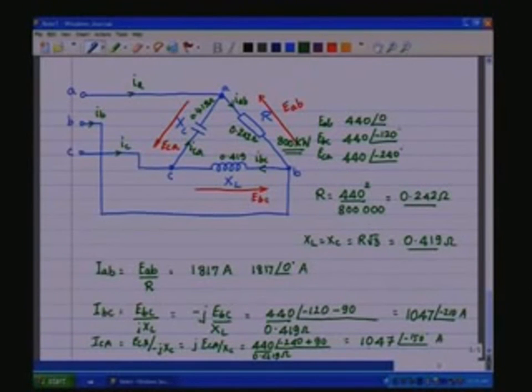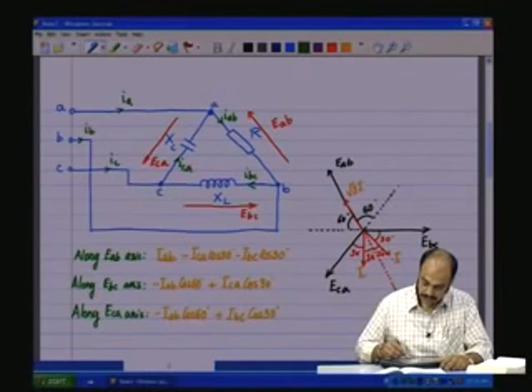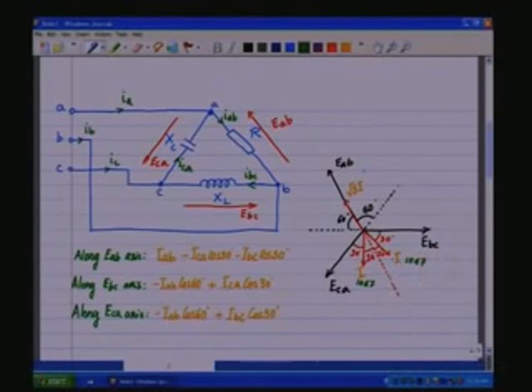Now, if these currents flow, then the projections of these currents, as we saw, these currents are now at something like this. These are the 1047 amps, and this is 1817 amps.